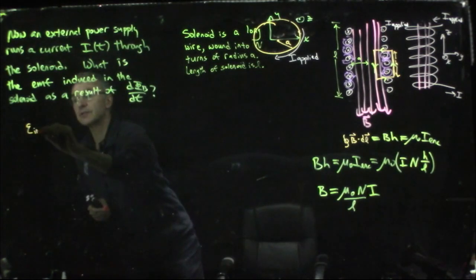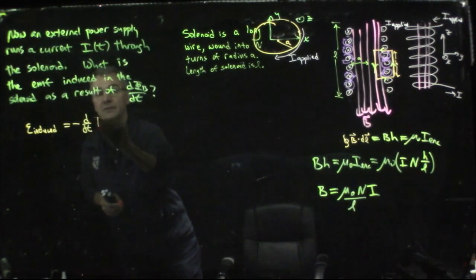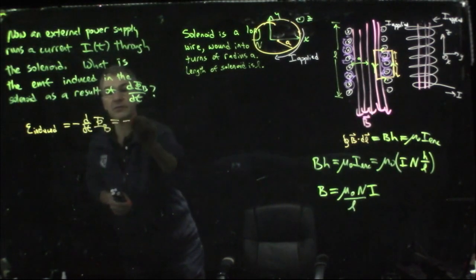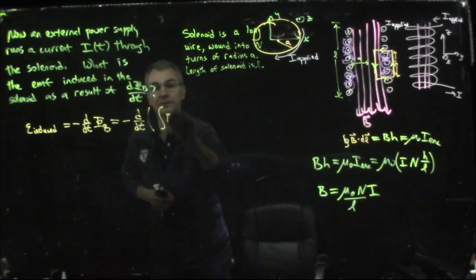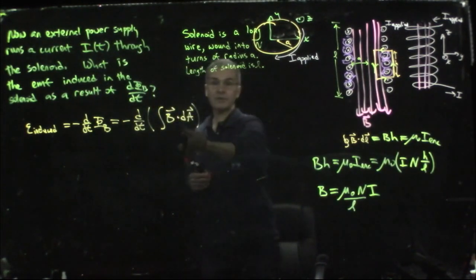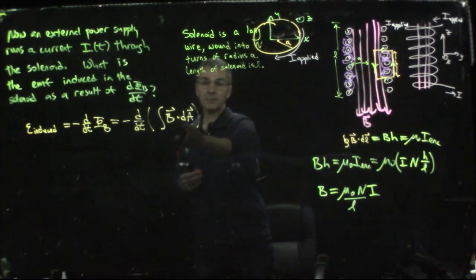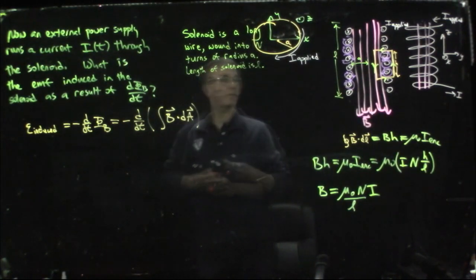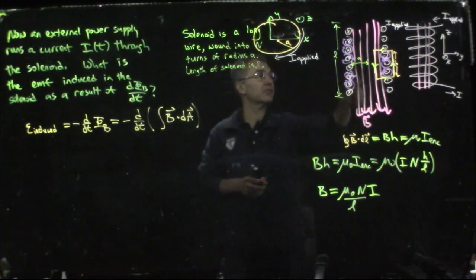So the EMF induced is minus the rate of change of magnetic flux, which is minus the rate of change of the integral of the magnetic field dot the area vector. And then we have to account for the fact that in this solenoid, which is wound n times, the magnetic field lines will actually pass through this area n times. So my magnetic field here is in the minus z direction.